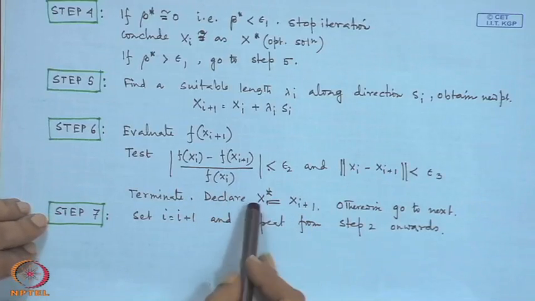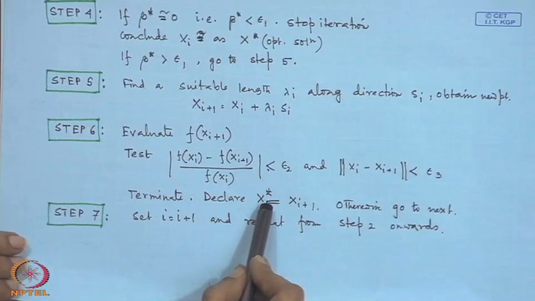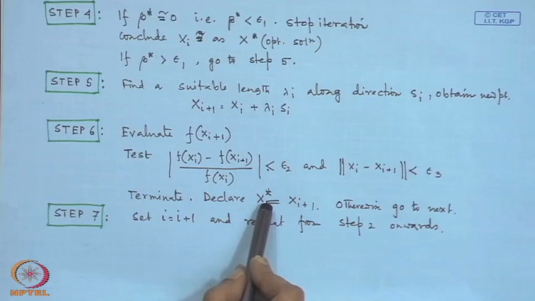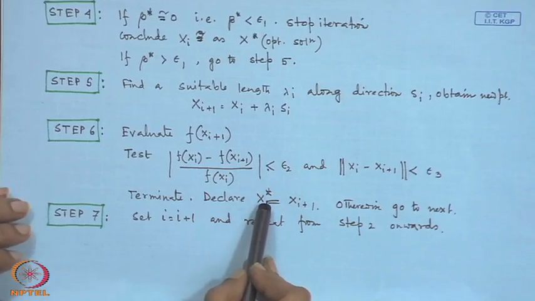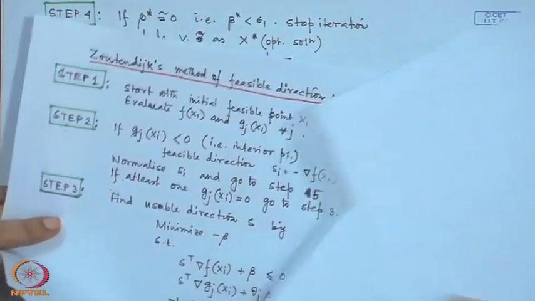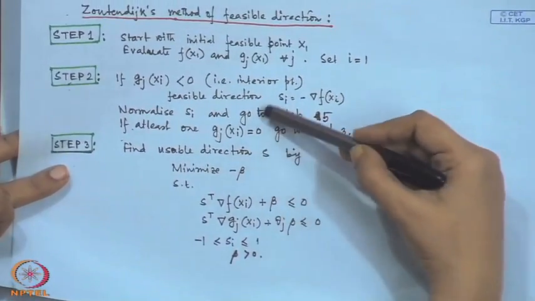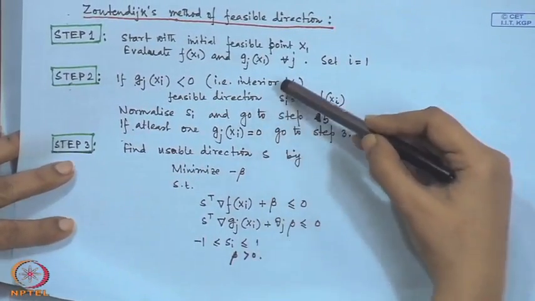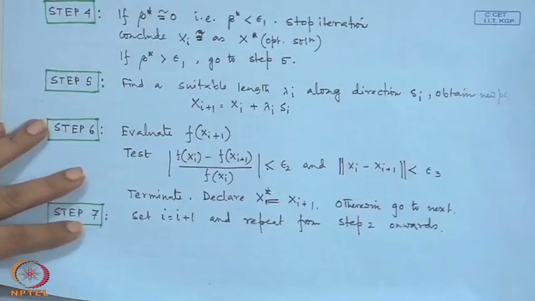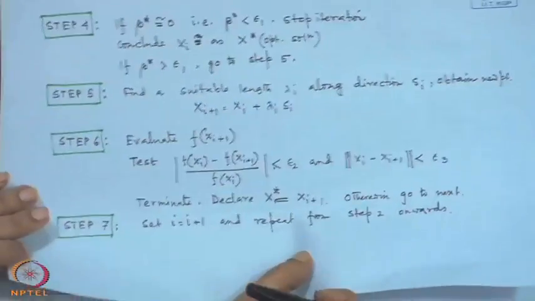We will see whether x2 is on the boundary of the feasible space or not. If it is on the boundary, we have to repeat this process from step 2 again. But if it is an interior point, we can proceed further with this step length and move to the next. And I have prepared one problem for you to understand in a better way.